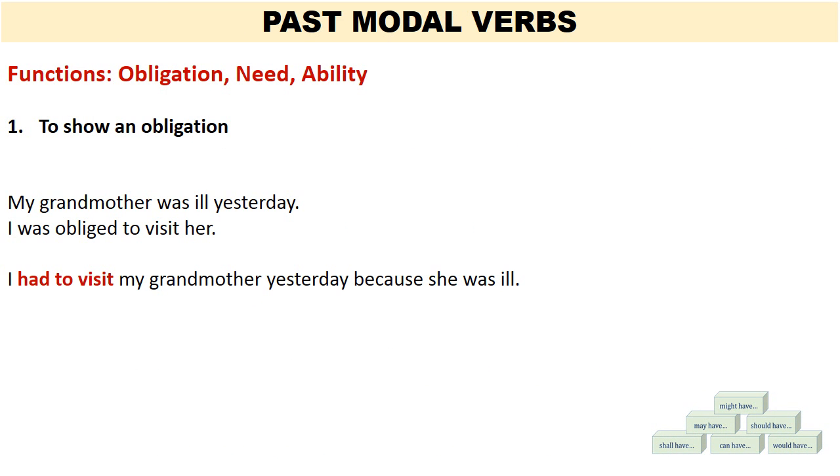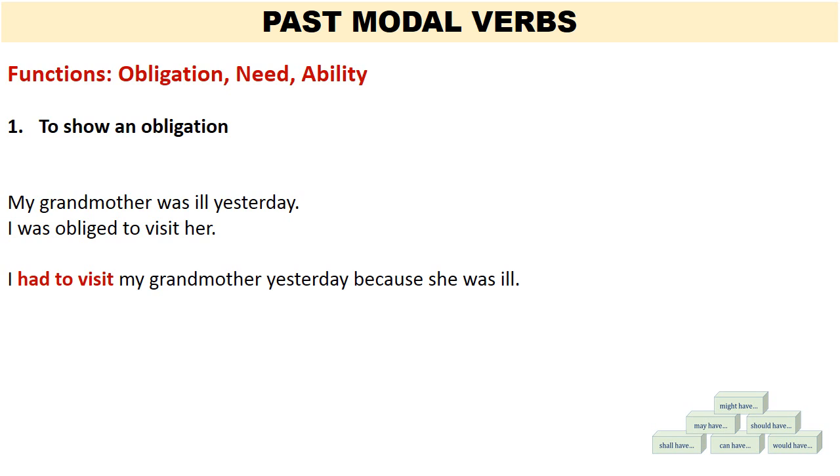Now, past modal verb forms can be used for various functions, just like their present counterparts. We use the past modal verb forms to show obligation, need, or ability. Let's start with the first one, to show an obligation. With this, we can use the verb form had to plus infinitive.